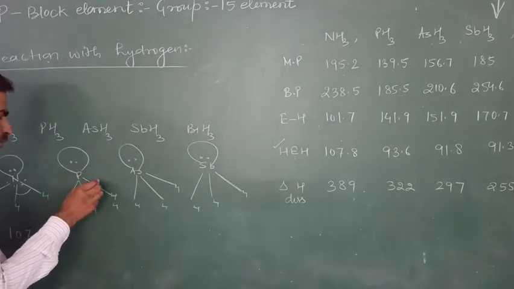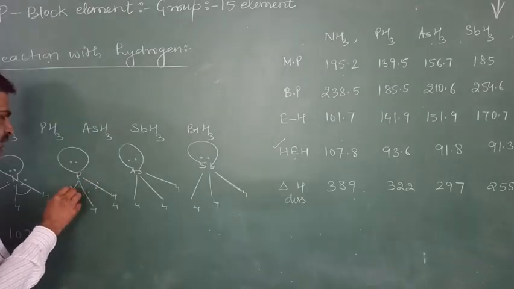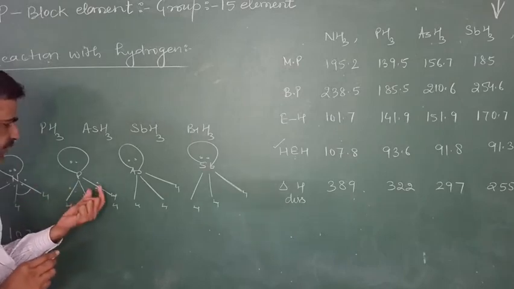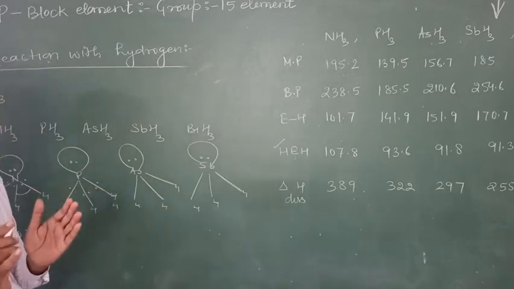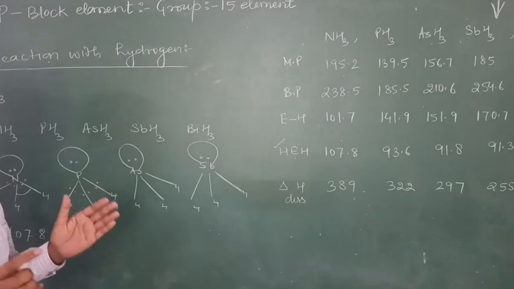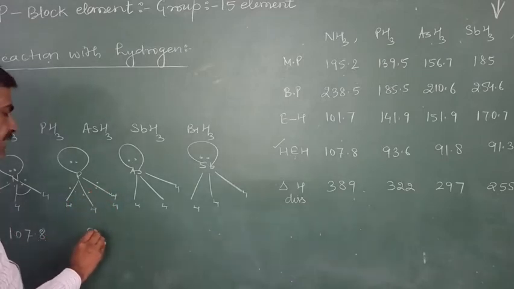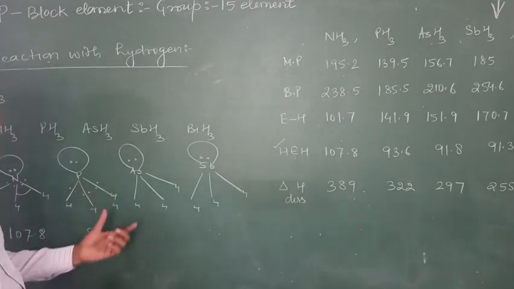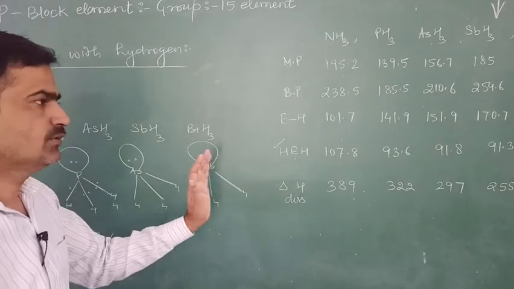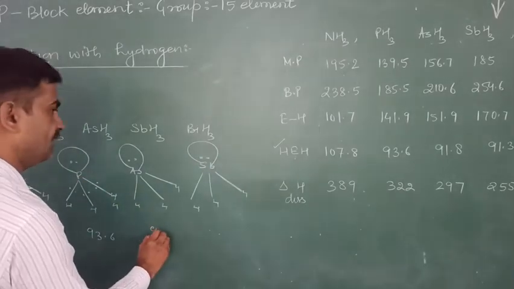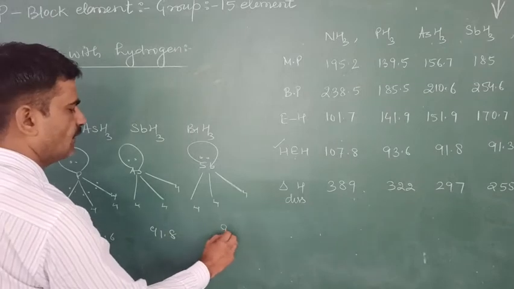While moving from ammonia to phosphine, the electronegativity of the central atom decreases and the bond pairs move away. As the bond pairs move away, the repulsion between them decreases and the bond angle decreases. That's why the bond angle is 93.6. Regularly this happens when you move down the group: the bond angle decreases. What is the reason?